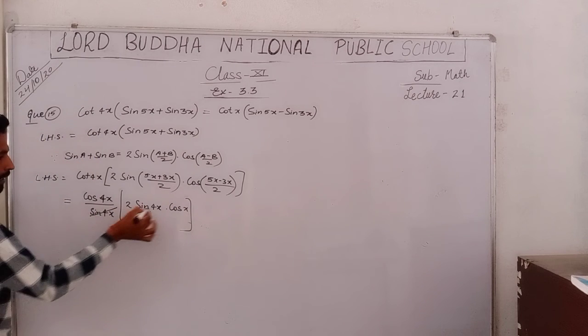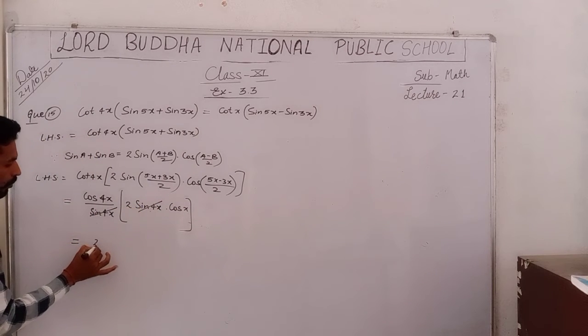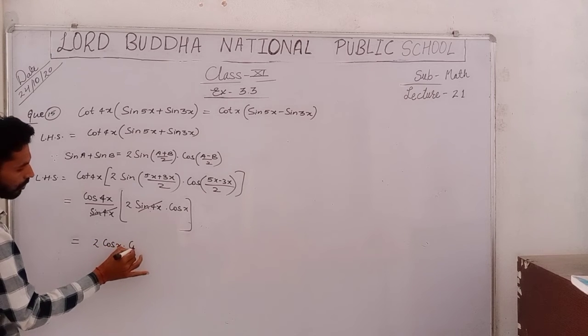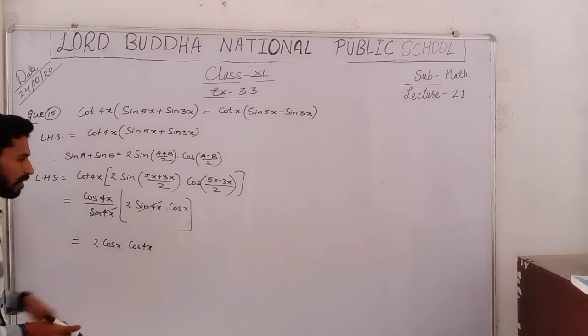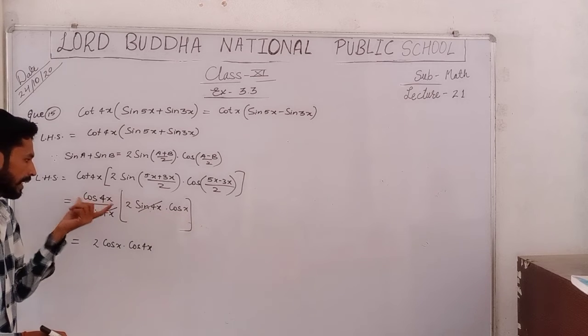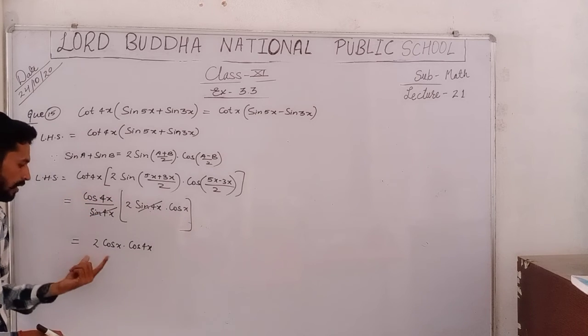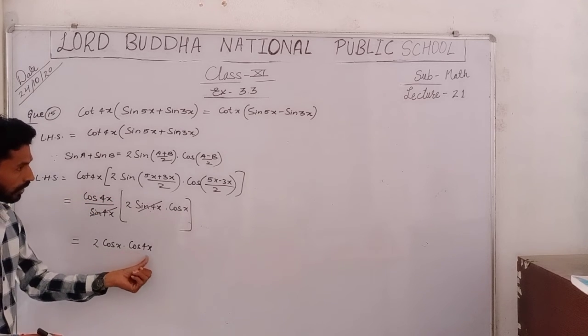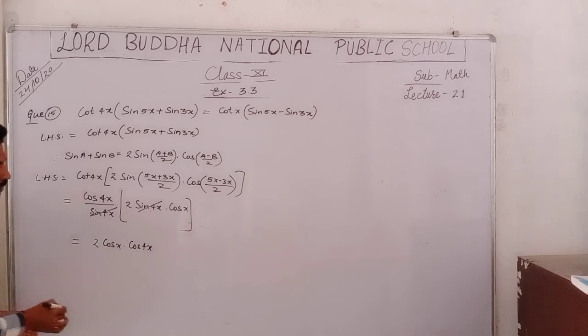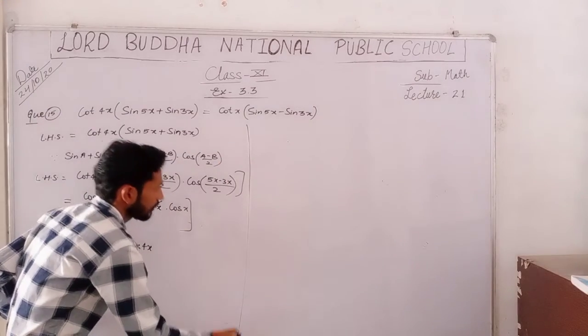Now sin 4x will be cancelled, and here will be 2 cos x into cos 4x, because in this bracket is 2 cos x and outside the bracket is cos 4x. Now we will take the right hand side.